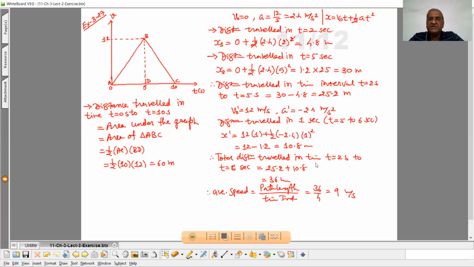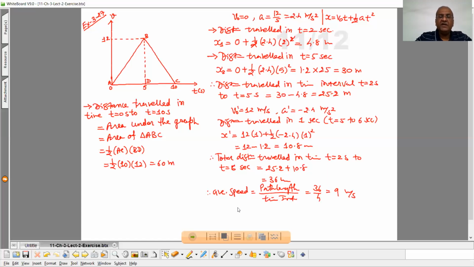So total distance traveled in time t equal to 2 second to t equal to 6 second, that is this 25.2 meter plus 10.8 meter. Resultantly, you will get 36 meter.